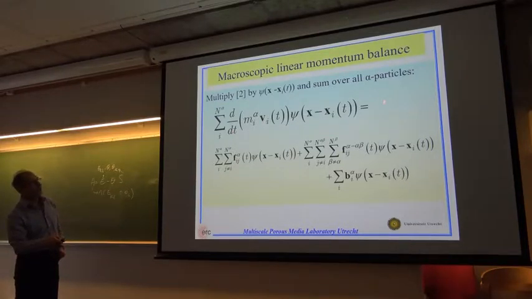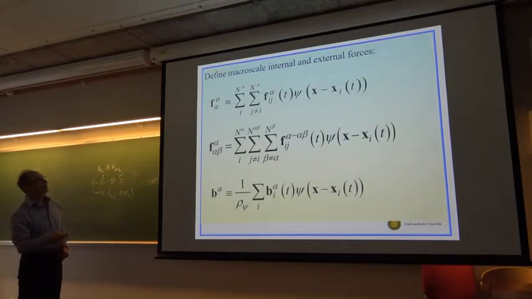That gives us a term related to d psi dt. And that we use the chain rule of differentiation. Now, this we simply identify as a force within the alpha phase. This is a force that is only at the boundary of the alpha phase, and this is a body force. So, those are now defined here.